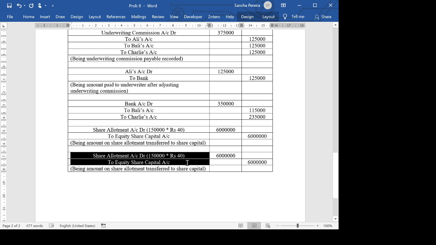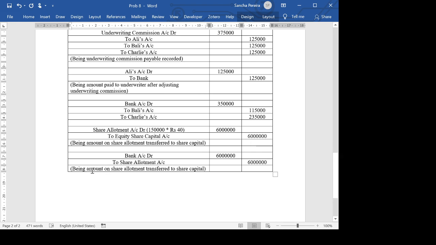The last one is bank account, the receipt of the allotment money. Bank account debit to share allotment account.